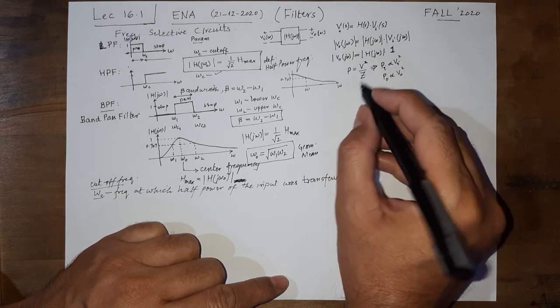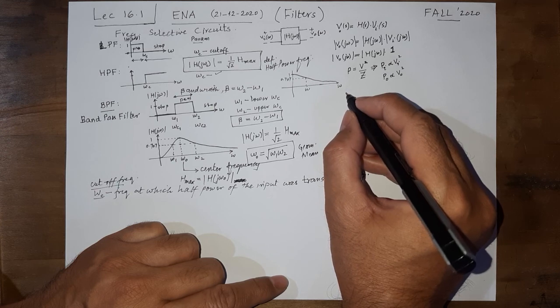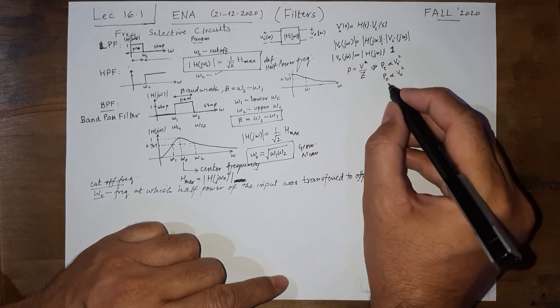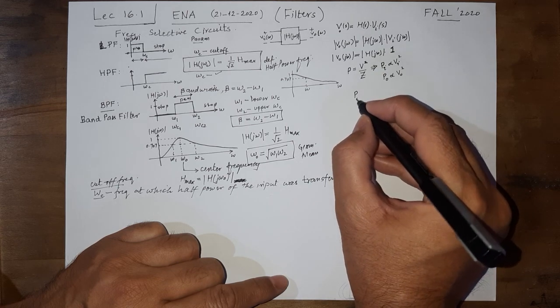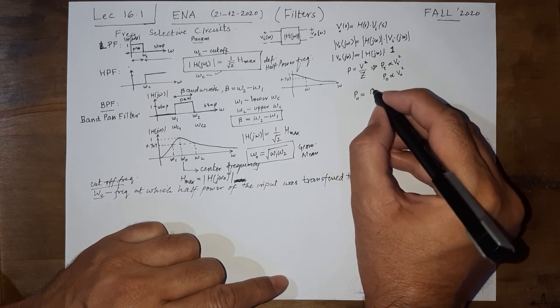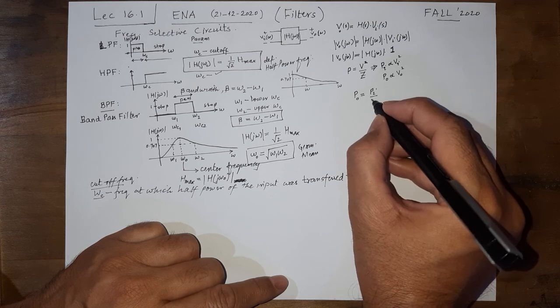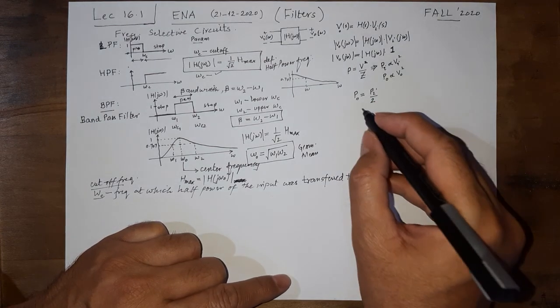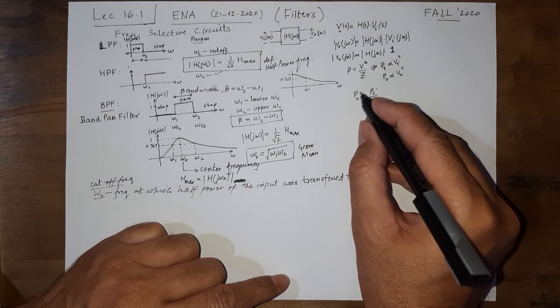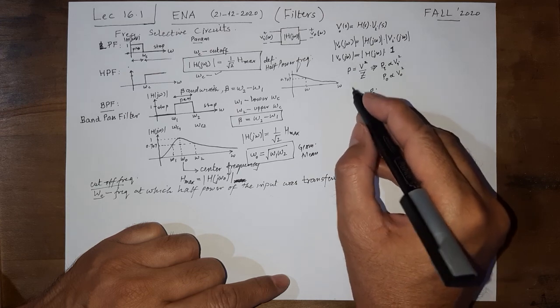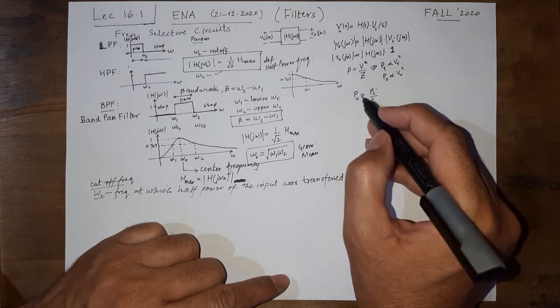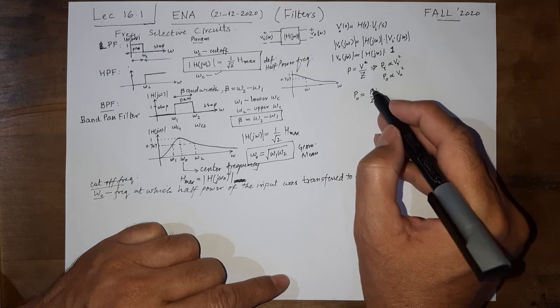In order to get the output power exactly equal to the input power divided by 2, we have to work out the frequency for which this is true. So when will the output power be exactly half of the power of the input?